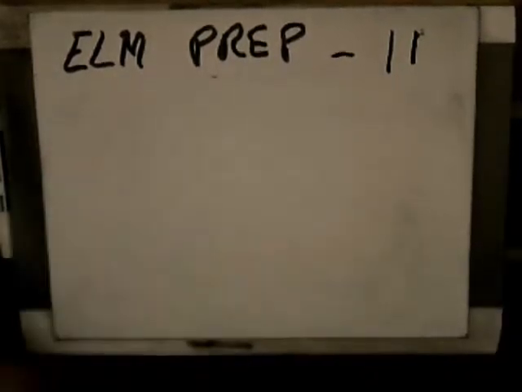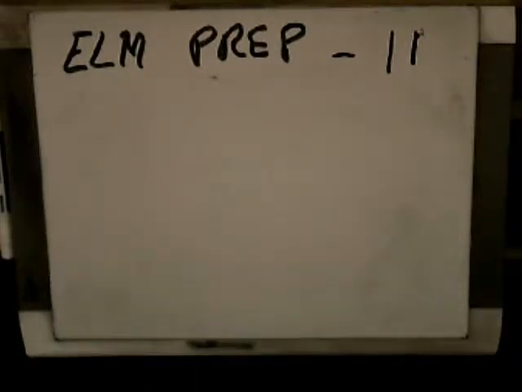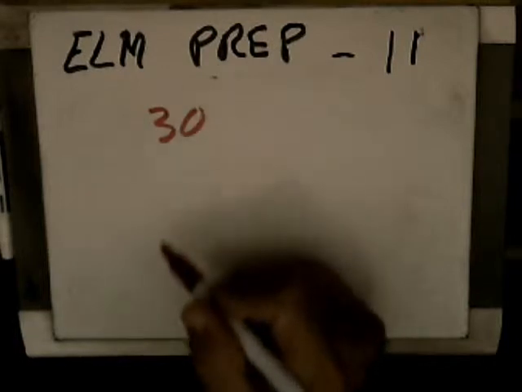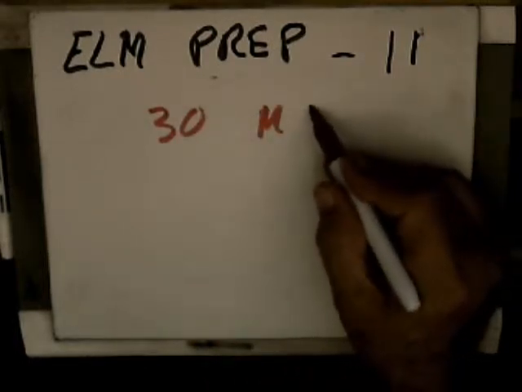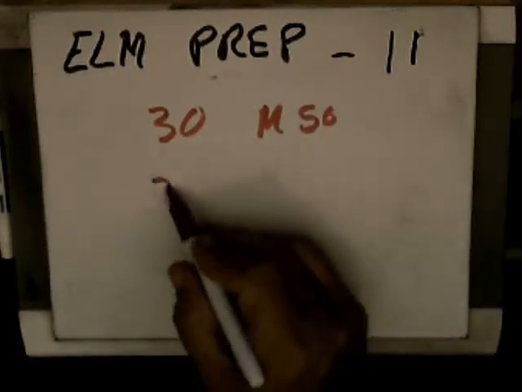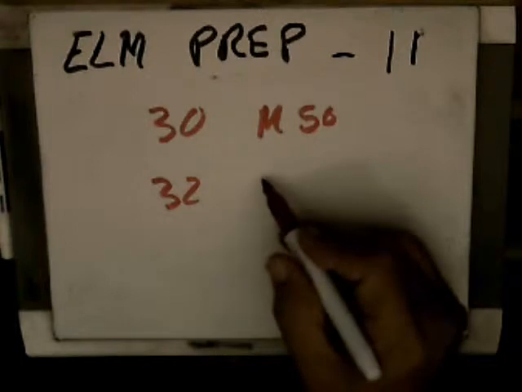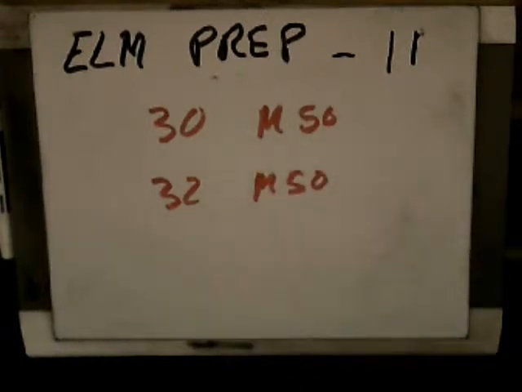So let's say last term we had 30 students in our Math 50 class, and this term we have 32 students in our Math 50 class. Well, we might want to know what the percent increase is here.